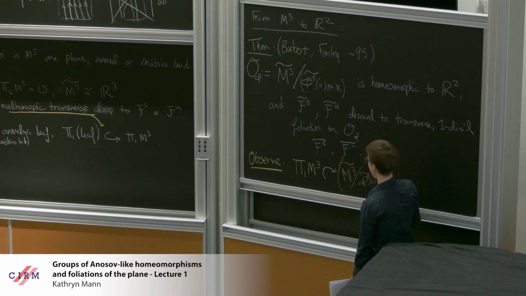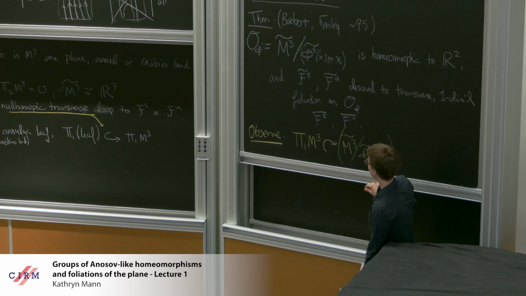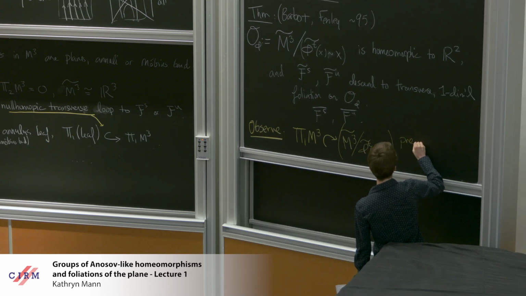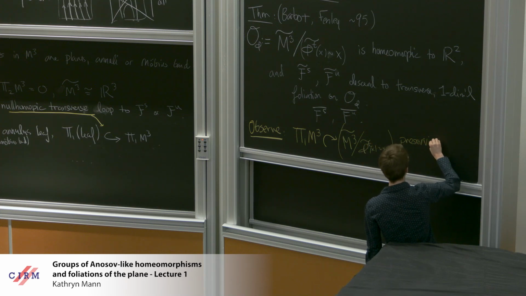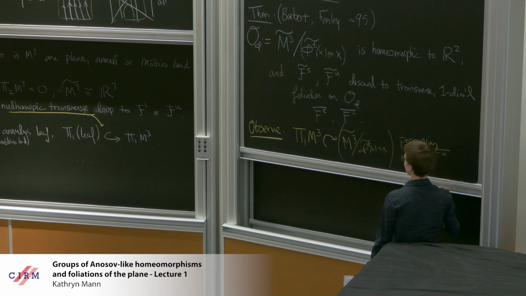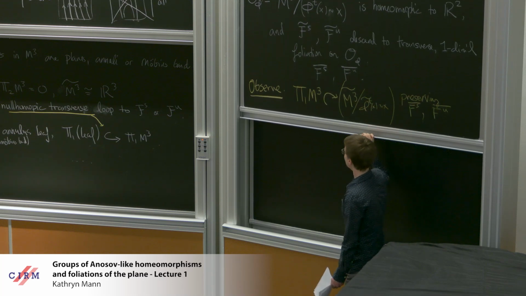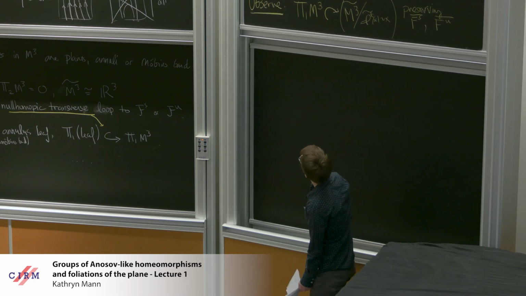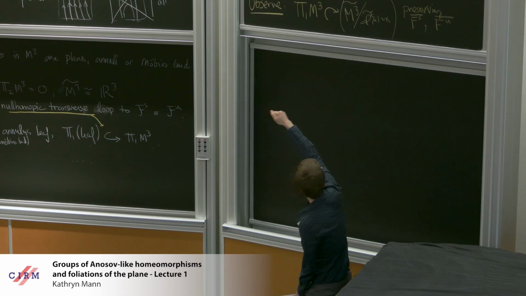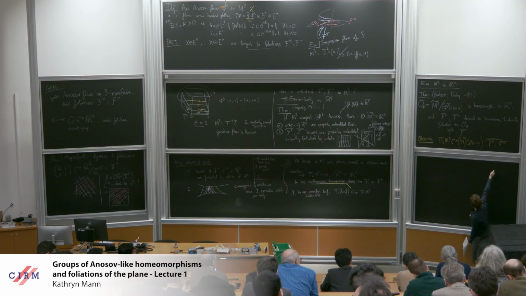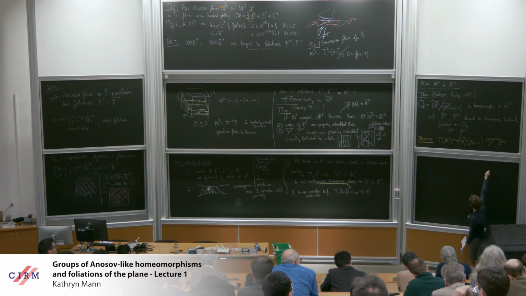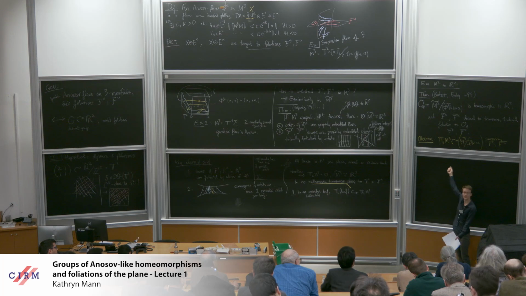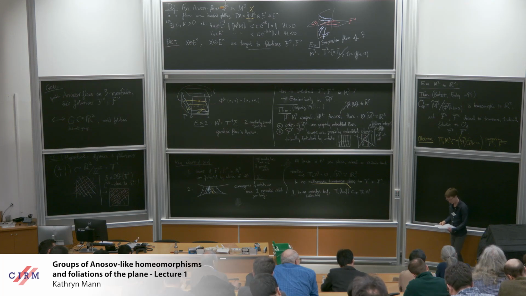Now I have an action on the orbit space, and it preserves, not leaf-wise but permuting the leaves, these two foliations. So this is the perspective I wanted to advertise. You can pass from the flow to a plane with some invariant one-dimensional transverse foliations and an action of a discrete group, the fundamental group of your three manifold.